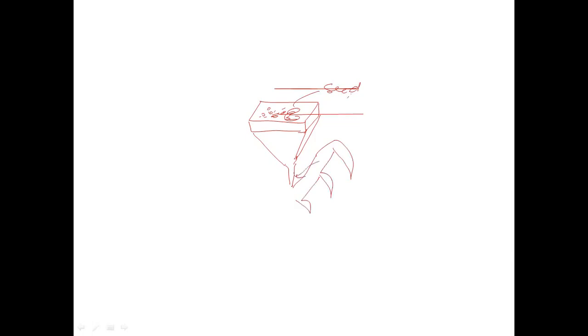Pipes were attached here, and this pipe is carrying the seeds. The seed drill is being carried by a tractor. Okay, that's a rough diagram.